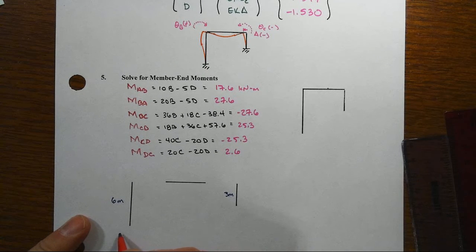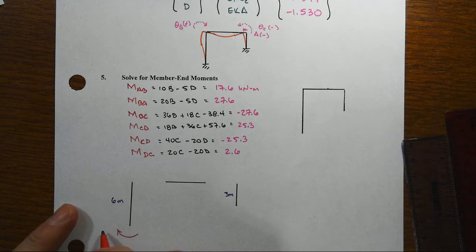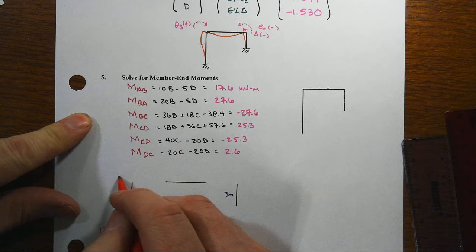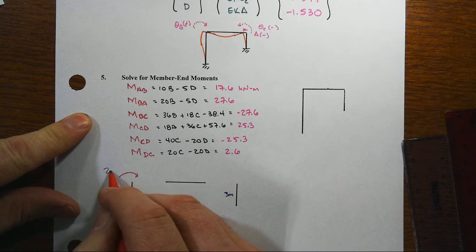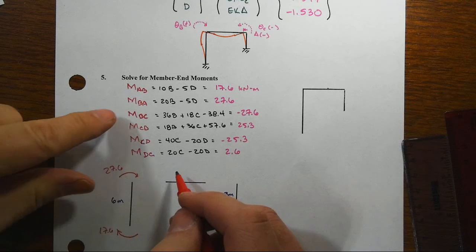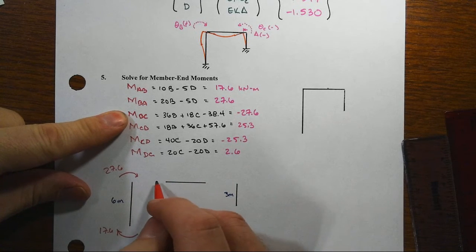So let's translate those then into forces down on the member end. So MAB positive 17.6, that's clockwise at 17.6. At the top we have 27.6, again clockwise, which means that for joint equilibrium MBC has to be the opposite direction, and sure enough it is.